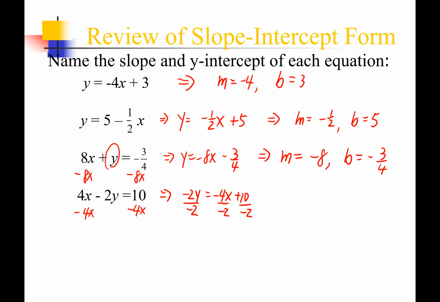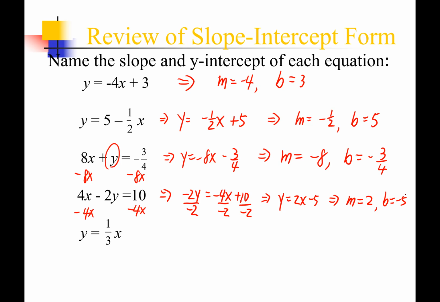In order to divide, you have to divide across the left side of the equation and the right side of the equation. And this turned out to be y equals 2x minus 5. Okay. Now, once we have that, we know the slope is 2. Y-intercept is -5. So again, no matter what form you have, you always go back to the slope-intercept form to locate the slope and the y-intercept.